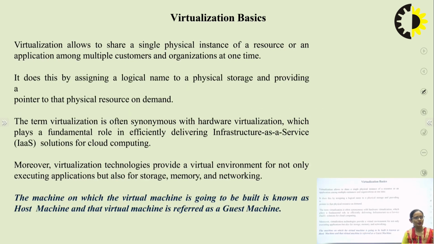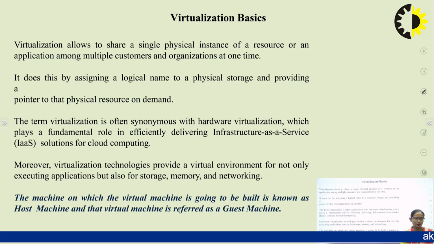It allows us to share a single physical instance of a resource or an application among multiple customers and organizations at one time. It does this by assigning a logical name to a physical resource and providing a pointer to that physical resource on demand. That is how the mapping is done between the virtual copy and your physical hardware.